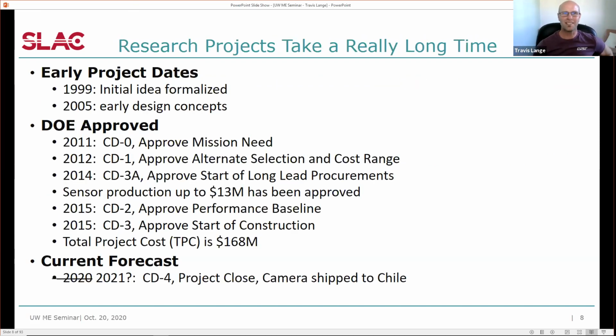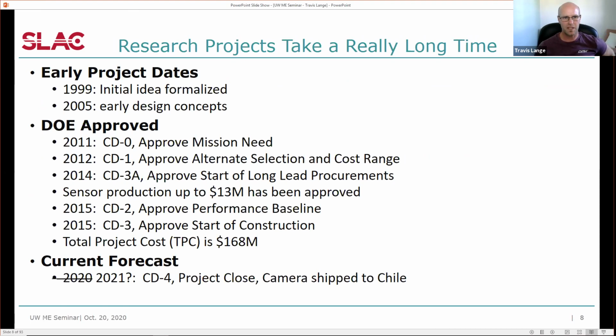So as Andy mentioned, this has been taking a very long time. So if anybody is ever getting involved in a research project like this, get ready to spend half your life dedicated to making this become a reality. So one of the very early ideas, Tony Tyson, the chief scientist, formed the idea in 1999, so a very long time ago. There were already early design concepts by 2005.